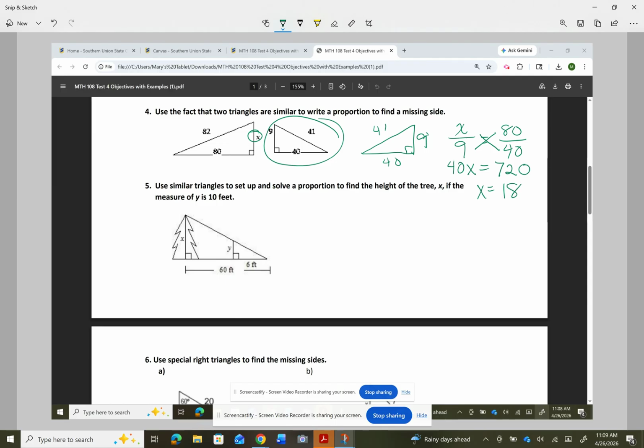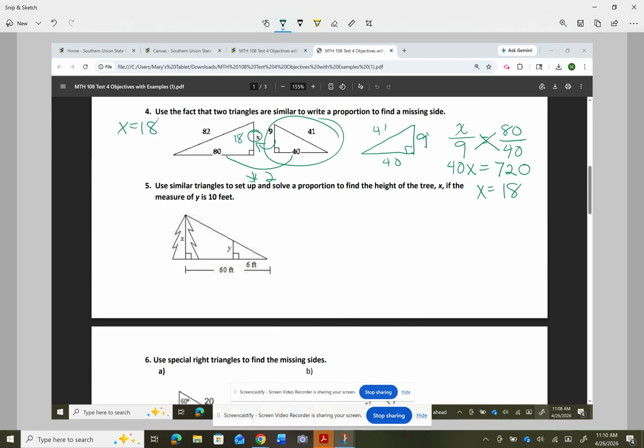I wind up getting 18, but notice that 18 is twice 9. So if this is times 2, then the 9 to the x would have to be times 2. So I would know that's 18. So the sides are proportional, so on number 4, the answer would be that x would equal 18.